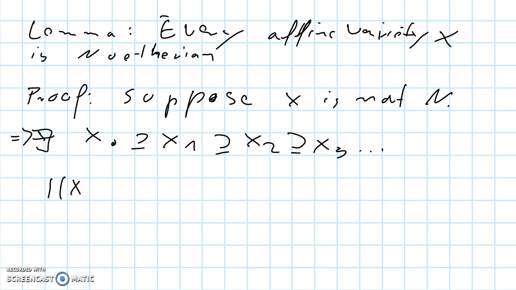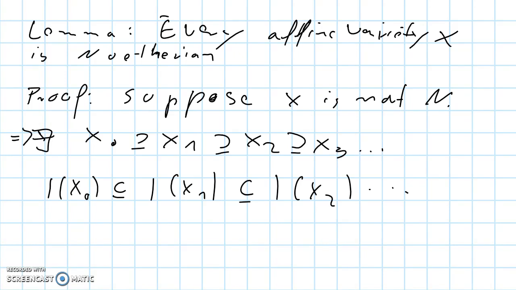So you have I of X0 strictly contained in I of X1, and this is contained in I of X2, and so on, right? This is since we have this inclusion reversing relationship here.